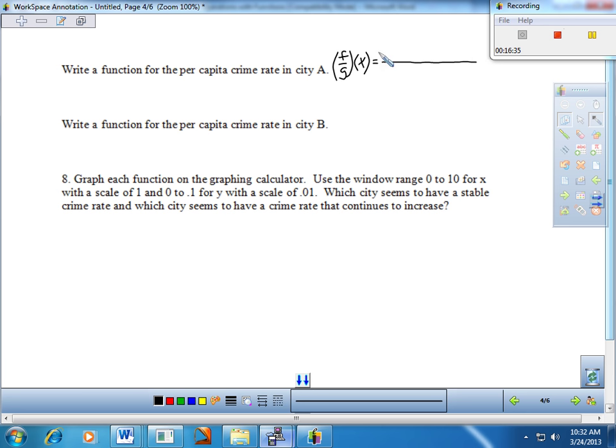Do we have the number of crimes? Absolutely. In fact, I should be careful. It's not f of x divided by g of x. For this one, it is f of x divided by p of x. My fault on that. So now we're dividing those two functions, combining two other functions. Glad I caught that.